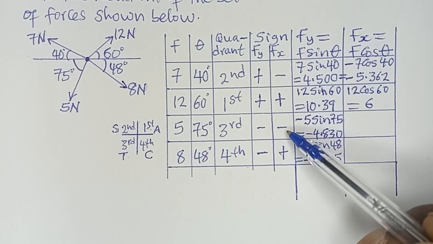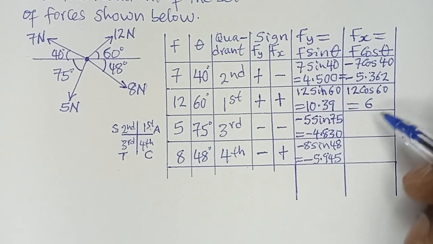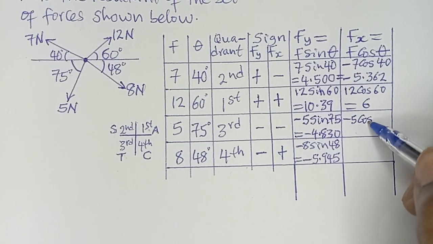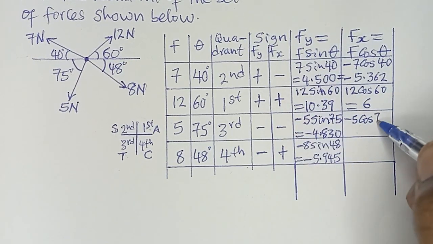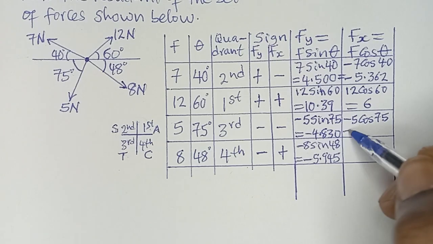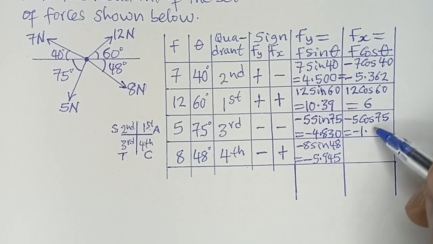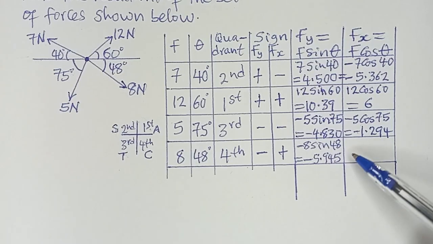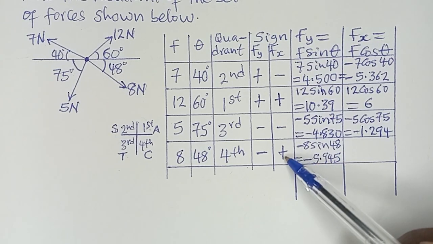So I have negative 5 multiplied by the cosine of the angle 75. And that will give me minus 1.294.